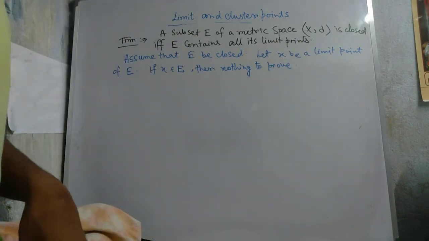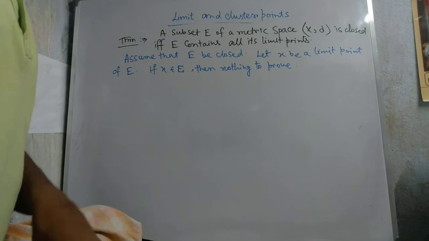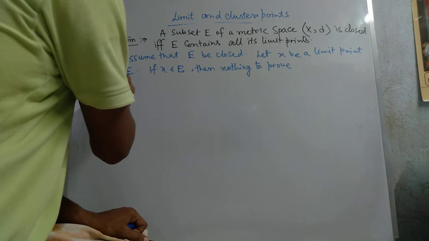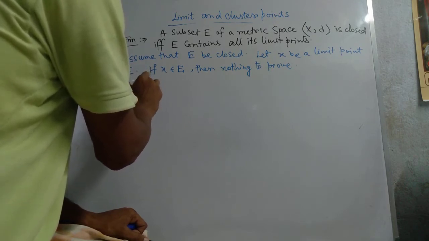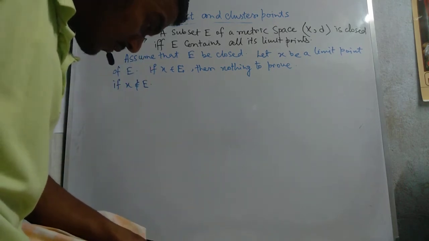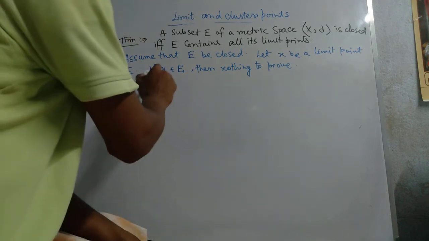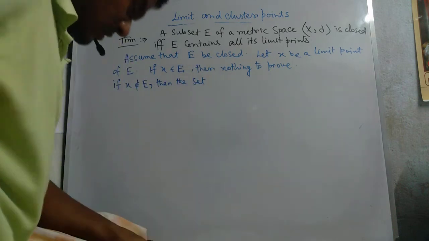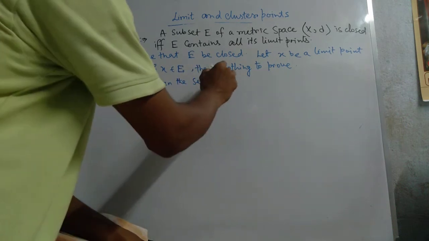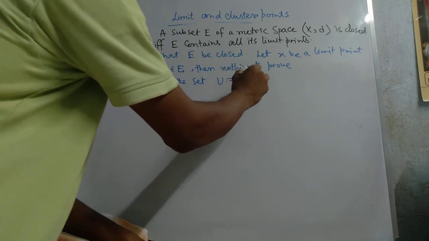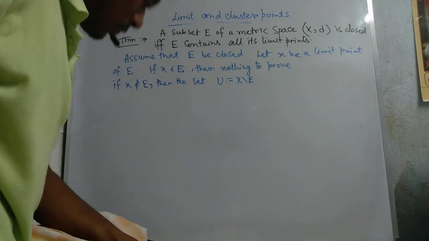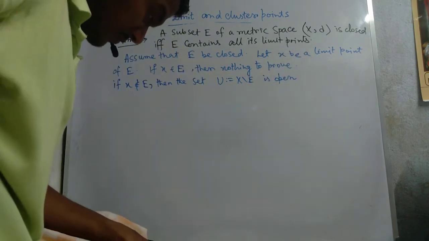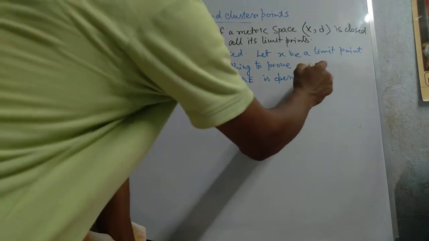That means x is a limit point and x also belongs to E. If x does not belong to E, then the set U equal to X minus E is open, and x belongs to U.